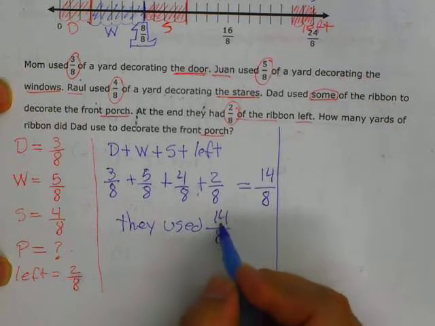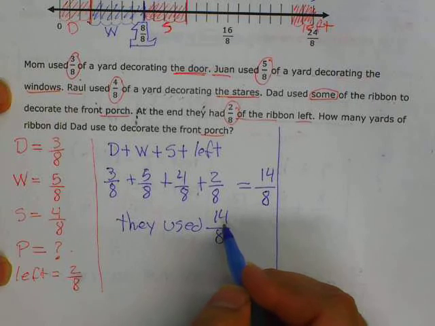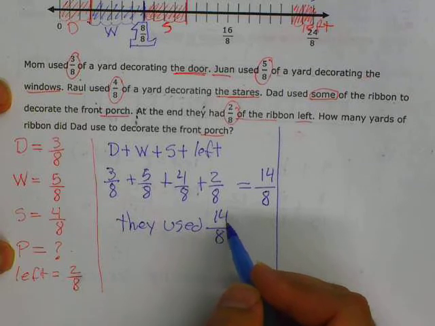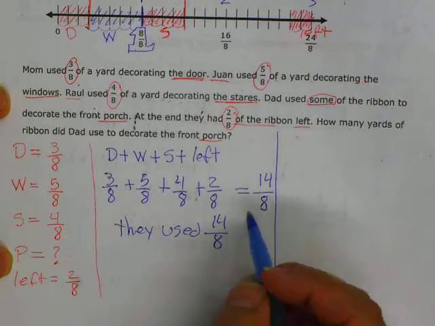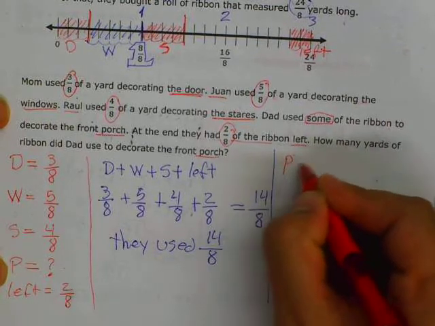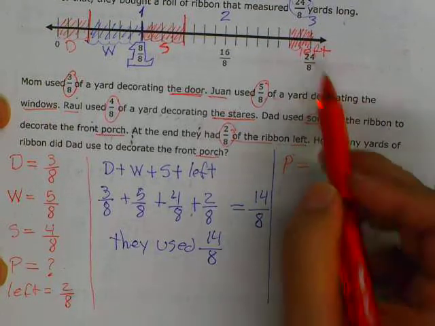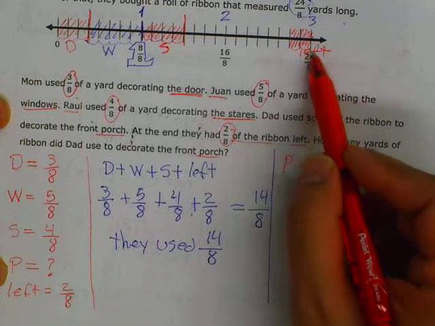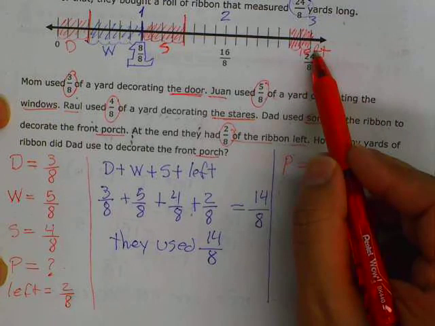But that's what they used. I don't want to know how much they used. I want to know how much was for the porch. So now what do I need to do? Subtract. I need to subtract from the total. What is my total? 24 eighths. That's my total. That's everything that they bought.